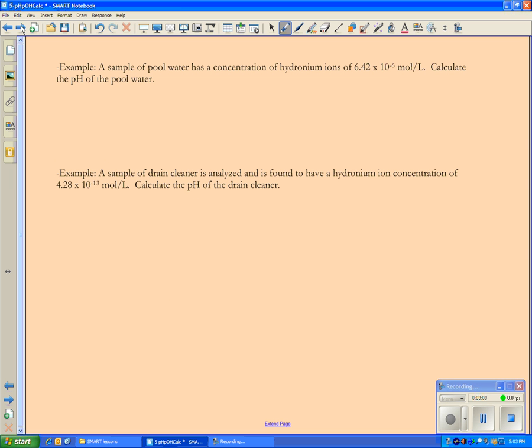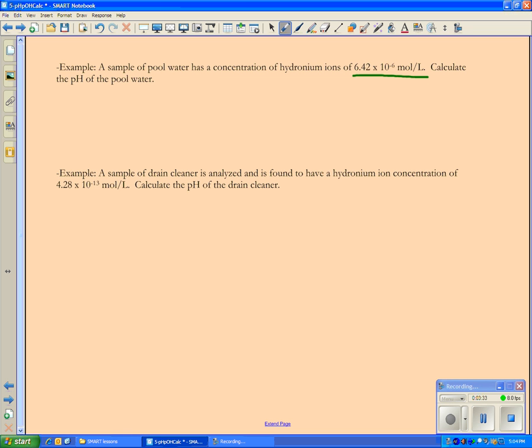So let's do a couple of examples where we have numbers in concentration that are not just 1 times 10 to something. In this first example, we have a sample of pool water with a concentration of hydronium ions of 6.42 times 10 to the negative 6 moles per liter. From that negative 6 exponent on the 10, we should know that we're coming out to a pH of somewhere around 6.